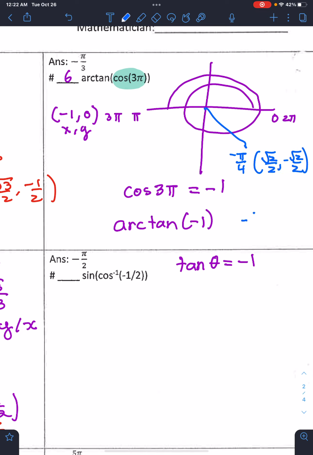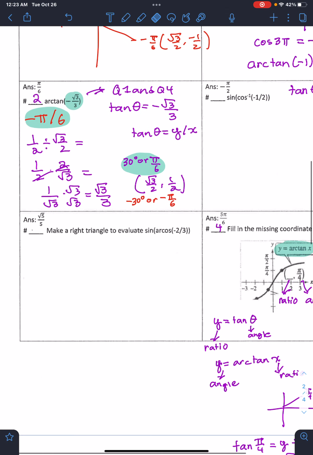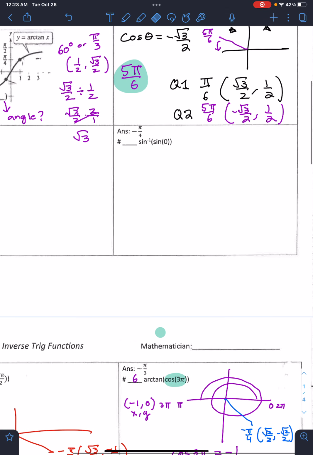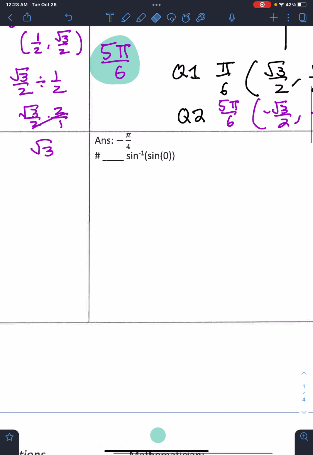So I know my answer has to be negative pi over 4, because if it was pi over 4, my answer would be +1, but I want a negative. So where's negative pi over 4? That takes us here, and now we're on 7.